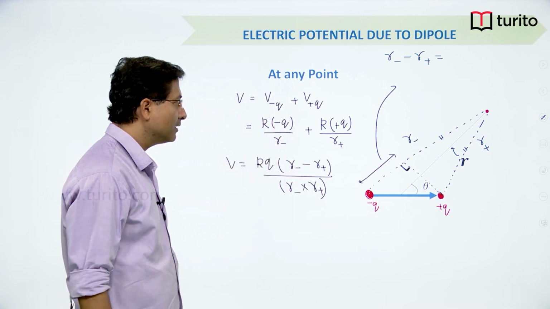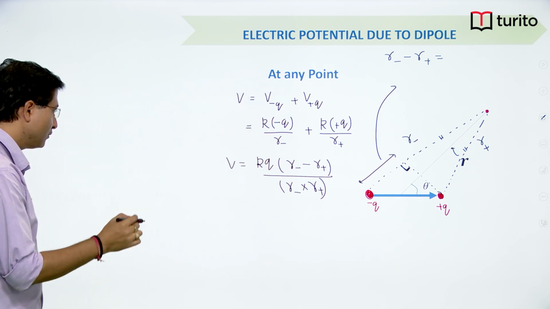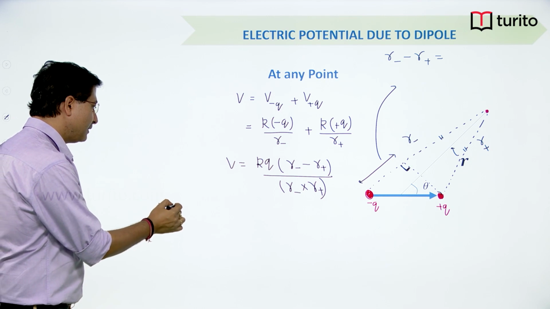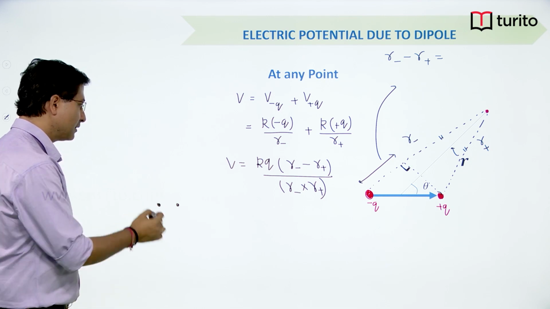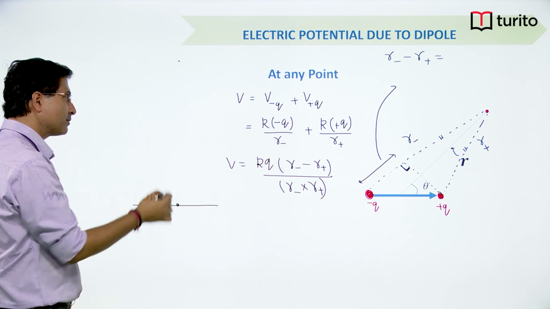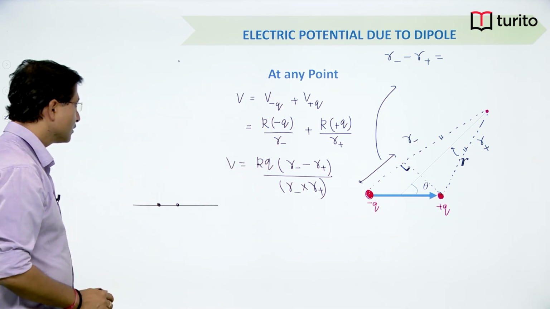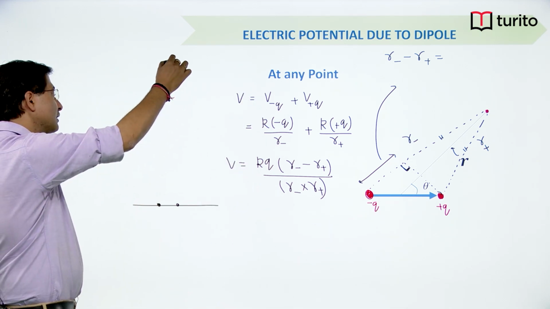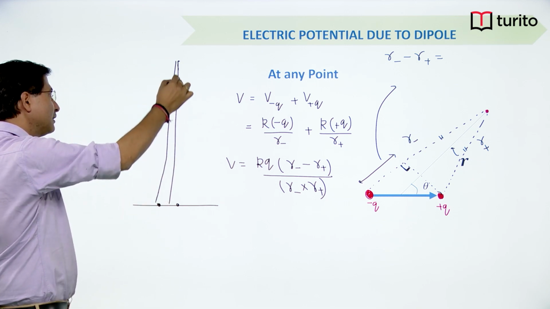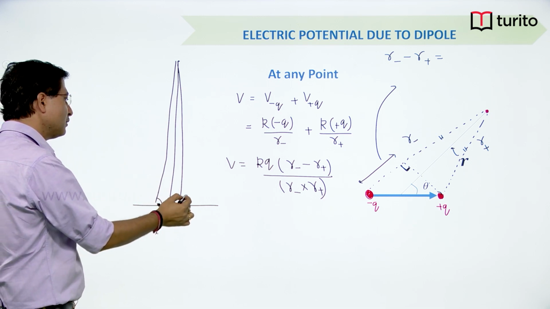And look at this triangle, right. Visualize the situation once again. Two charges are kept at a very small distance, and I have taken the point P somewhere here. So the diagram is something like this. Just to make you understand, I am drawing this big diagram. Now, if I join this point to the center of the dipole, and join this point to this one, the angle made by this and this will be almost equal.